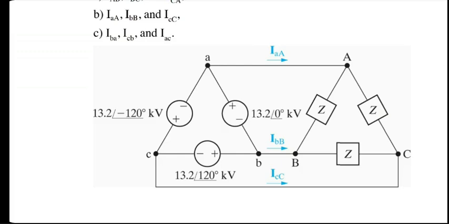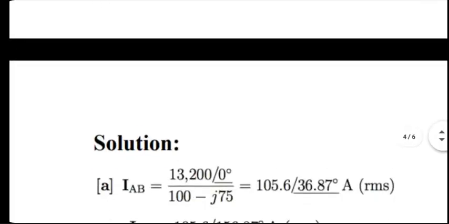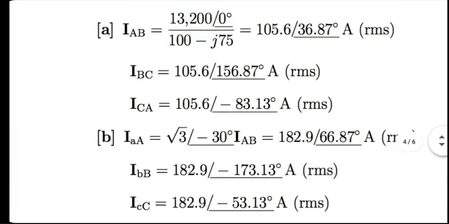Then you apply KCL at small a, small b, and small c to get the line currents. That is the theory. But okay, they have used well-known results. Correction factors of square root of 3 has been applied directly, and minus 30 degree phase correction has been applied directly. So fine, no issue.